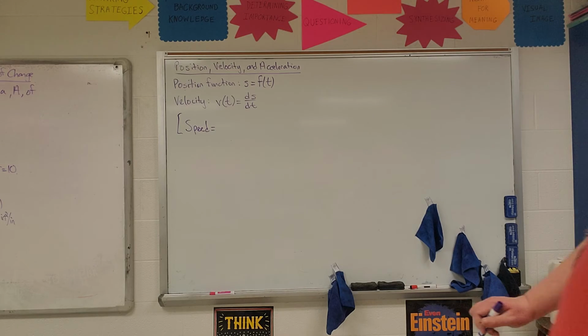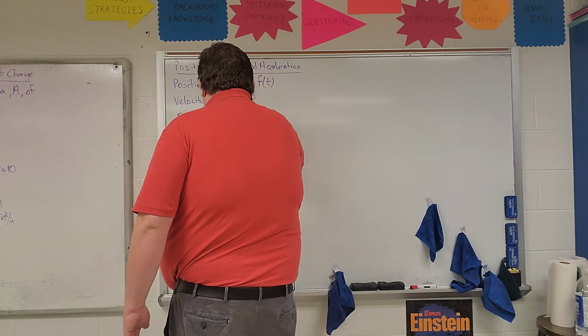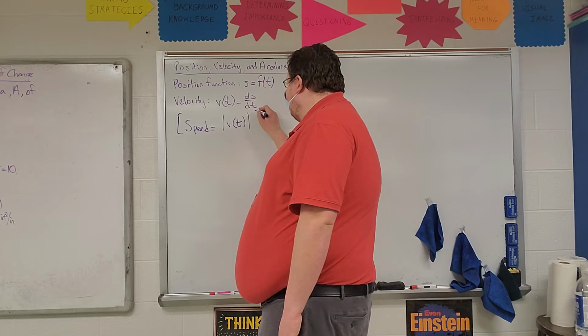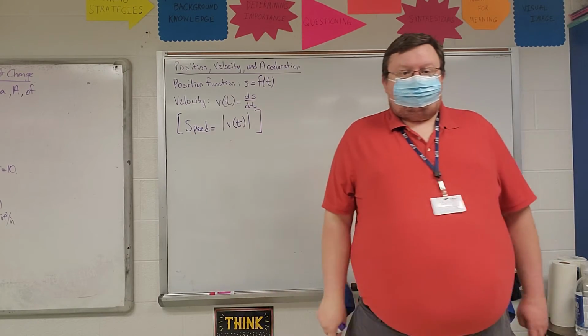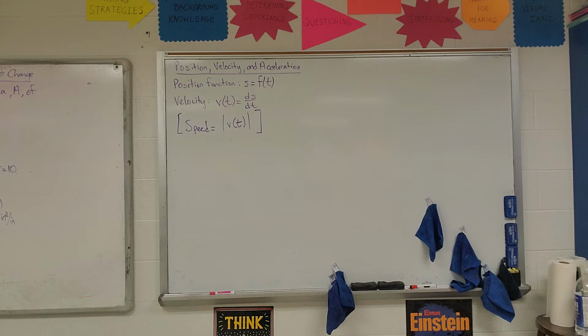Speed is actually the absolute value of velocity. If you take the velocity function, the absolute value of that's speed. Just to note, you've got to be careful in a problem. Are they asking me to find the velocity or are they asking me to find the speed? There's a difference.